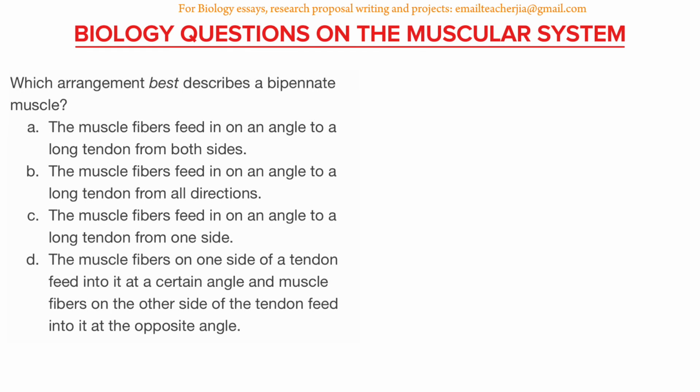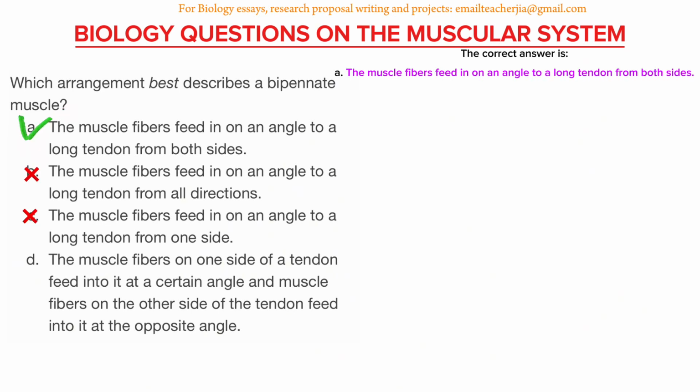D. The muscle fibers on one side of a tendon feed into it at a certain angle, and muscle fibers on the other side of the tendon feed into it at the opposite angle. So our question is, which arrangement best describes a bipennate muscle? The correct answer is the muscle fibers feed in on an angle to a long tendon from both sides.